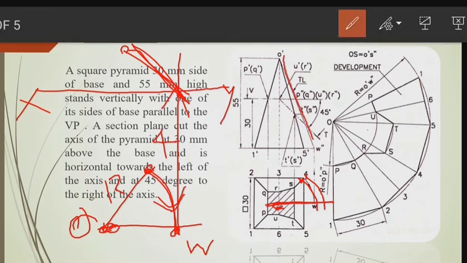Yeah, this line. Okay, you go for vertical lines here, and you will get W double dash and O dash. This O dash and W double dash will be our radius. Here you can see O dash and W double dash.